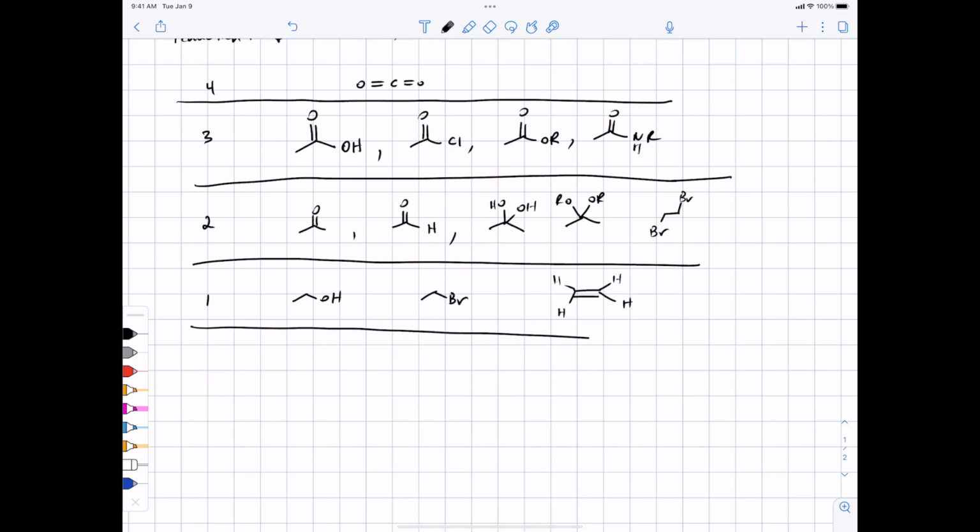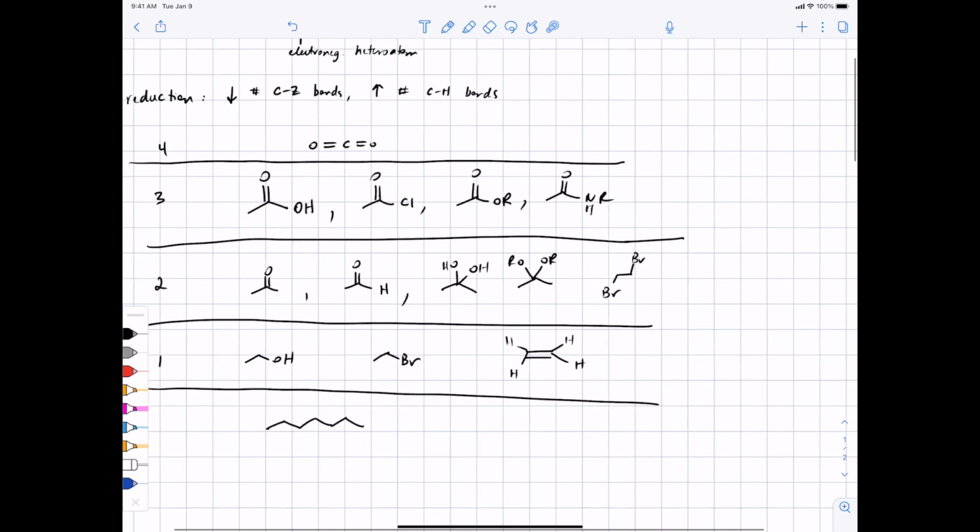And then at the most reduced oxidation state, you have the alkanes, hydrocarbons, and we use the reduced hydrocarbons in various settings, oil, we use it as gasoline, fossil fuels, and so on.